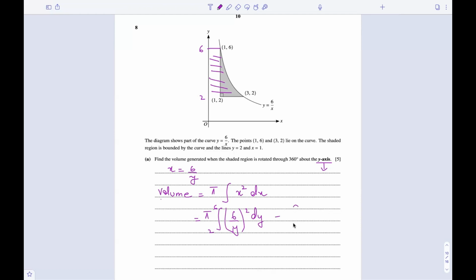And we'll subtract from it the volume of the line, which is x equals 1, as it is a perpendicular line at the point x equals 1. So we'll write pi times the integral of 1 squared dx, and the upper limit and lower limit are 6 and 2.